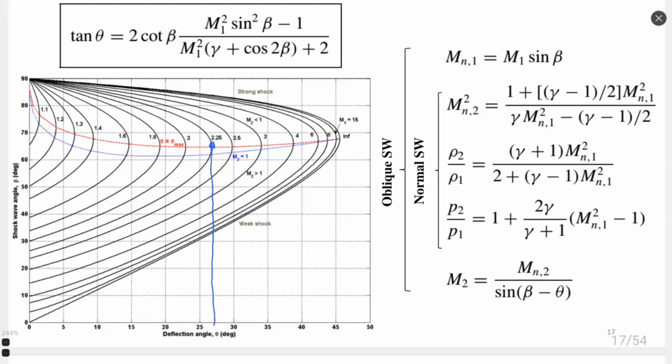It means that if we work with an angle of the body beyond this, at Mach 2 we will never receive a solution, we will never receive an intersection of the Mach curve with the angle. It means that an oblique shockwave will never happen. What will happen in this case is the attached bow shockwave or normal shockwave.